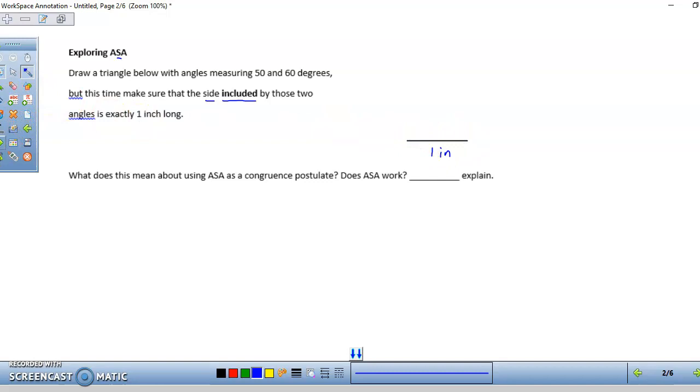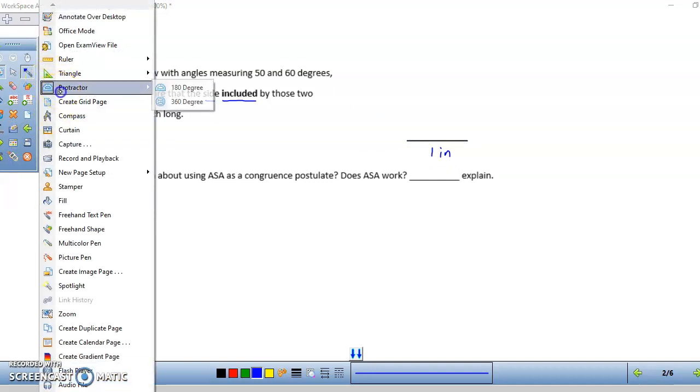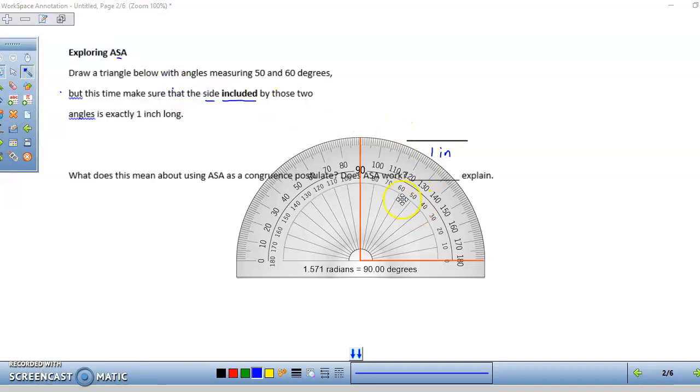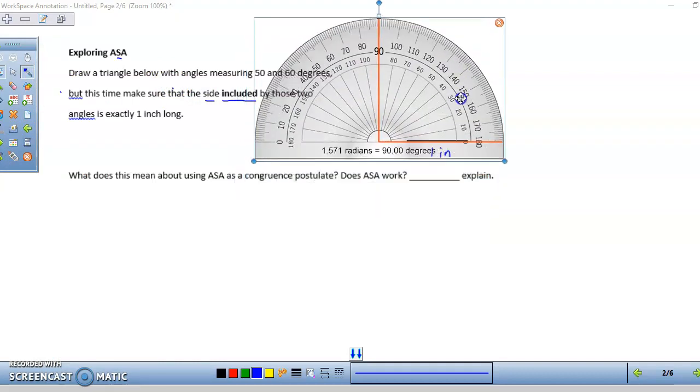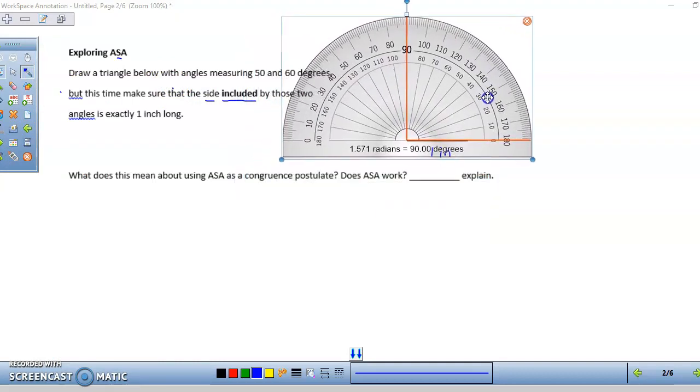Let's get a protractor and measure out a 50-degree angle to start. You line up the protractor and then use a measurement of 50 degrees right here. Try to make this as accurate as possible.